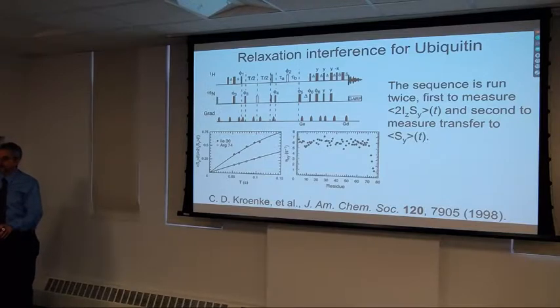So we have the doublet that's split by the JNH coupling, and then one of the lines is narrow, the other line is broad because of the Troisi effect, but they're both broadened equally by chemical exchange. So the difference between the two line widths is independent of chemical exchange.